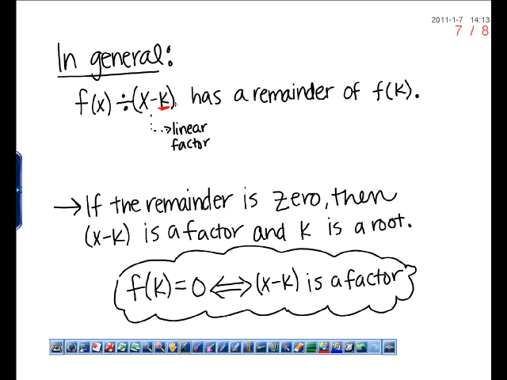Similarly, we could plug in that possible root, and if we don't get 0, it's also not a factor. If the remainder is 0, then x minus k is a factor, and k is a root. I'm getting this k by saying x minus k equals 0. What does x equal? k. That's where I'm getting this k as my root, or the k that I'm plugging in here.